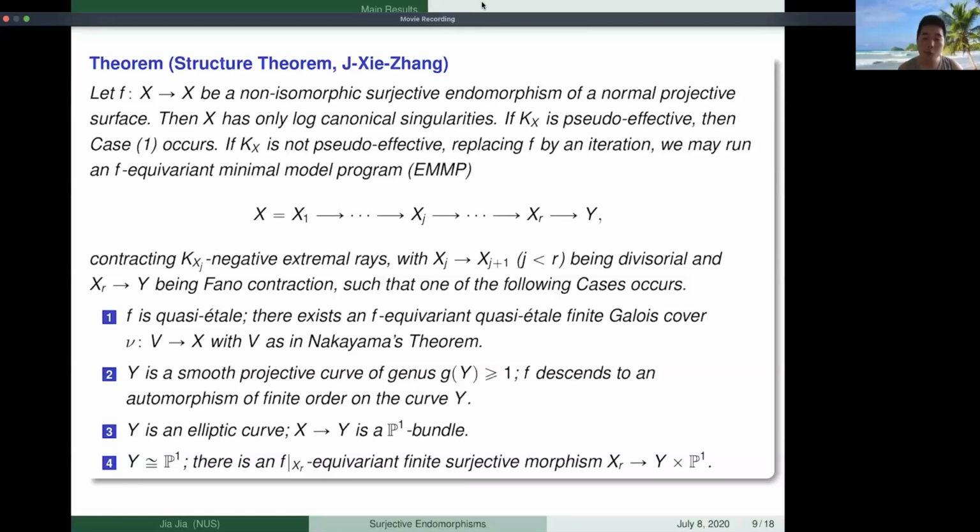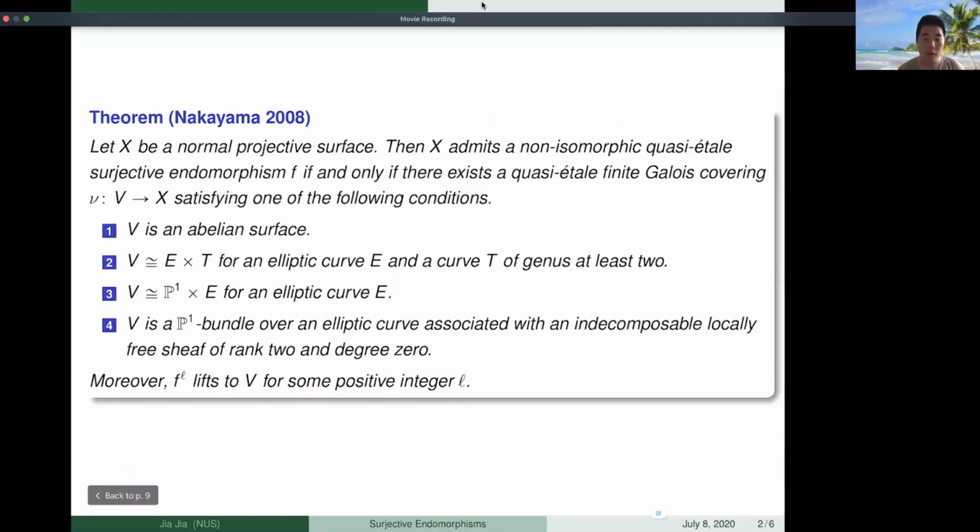The first one is f is quasi-étale, and we can lift this f via finite étale cover to another surface V, and this V may be an abelian surface or elliptic curve product with a curve of genus greater or equal than 2, or P1 cross E. This E is an elliptic curve, or it's a P1 bundle over elliptic curve.